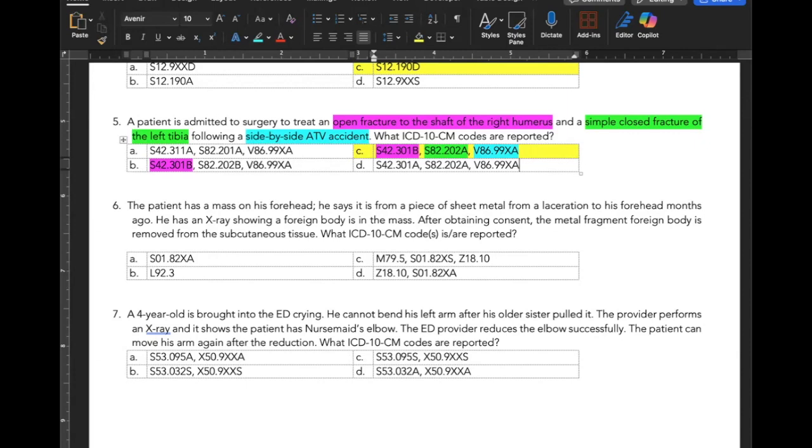So what are we going to code here? Removal of the foreign body. Okay. Yep. We'll do foreign body. So the presence of that foreign body.